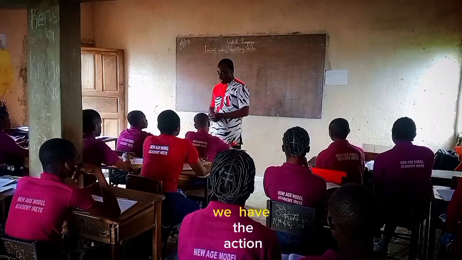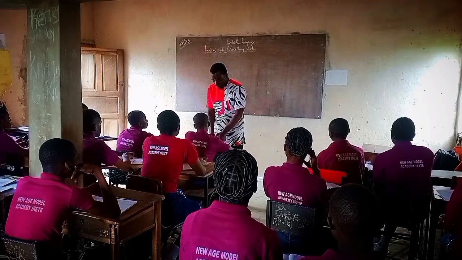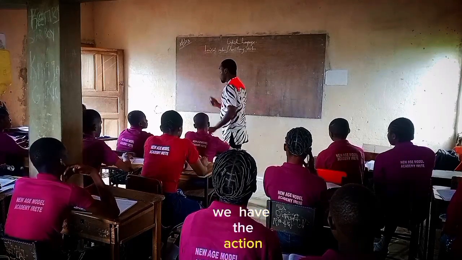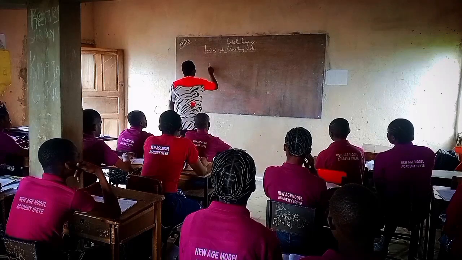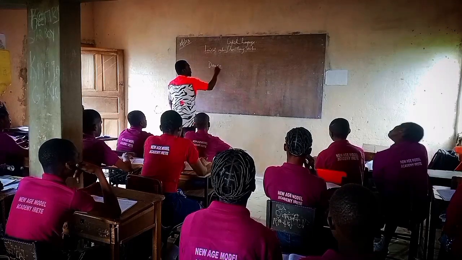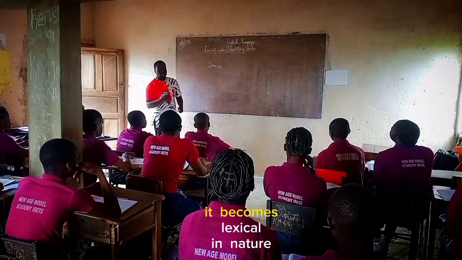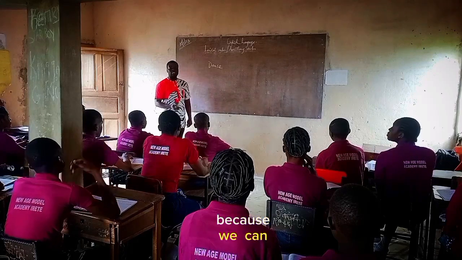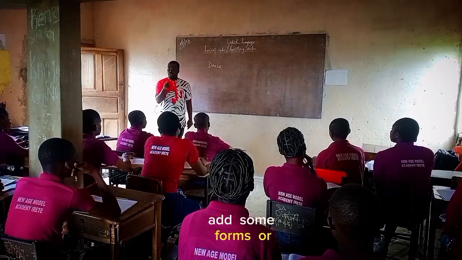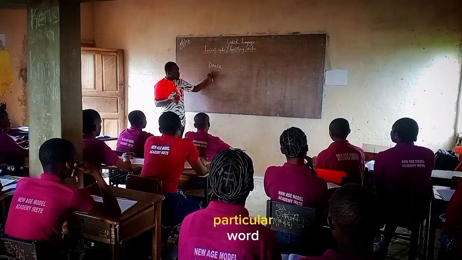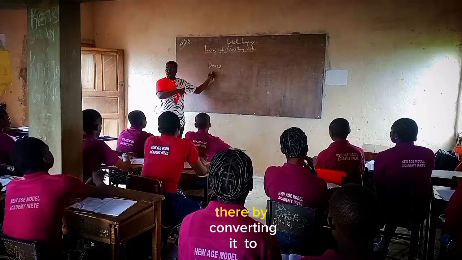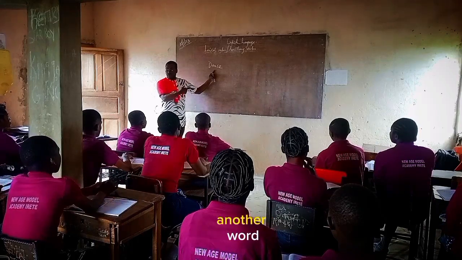For instance, we have the action dance. This is a main verb. It becomes lexical in nature because we can add some forms or units of suffix to this particular word, thereby converting it to become another word.